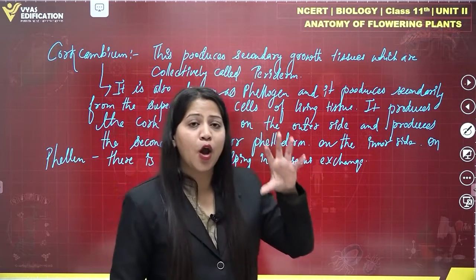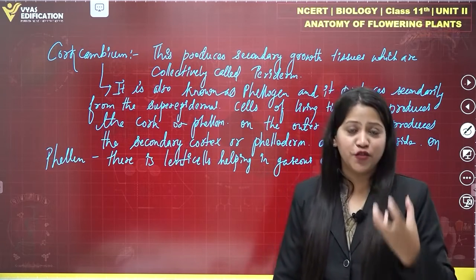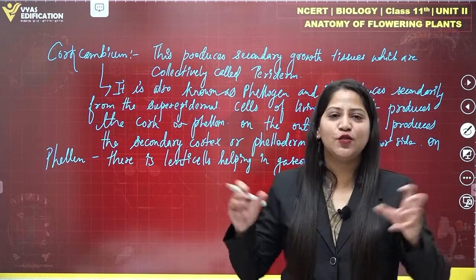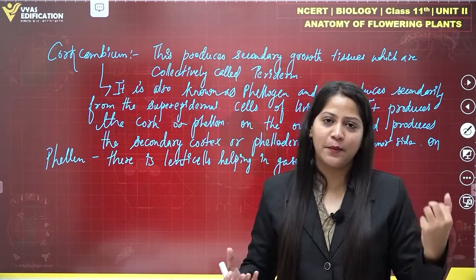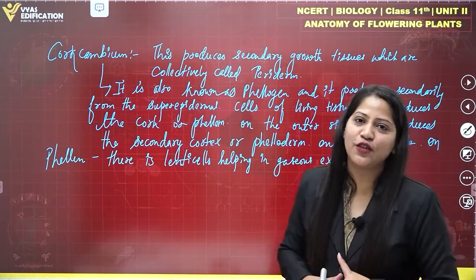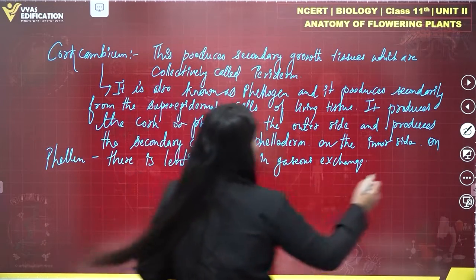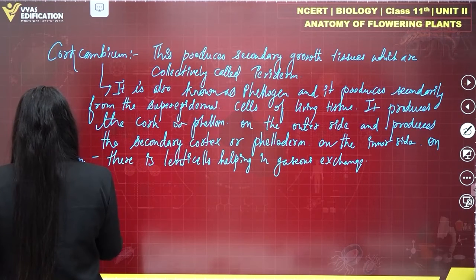So this is all about the secondary growth in dicot stems of angiosperms with the help of these two types of cambiums, that is vascular cambium and Cork cambium. Now in this question we are left with the significance of the secondary growth. So let's write the significance.